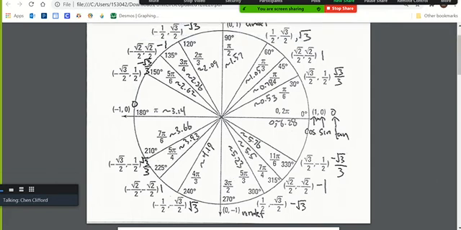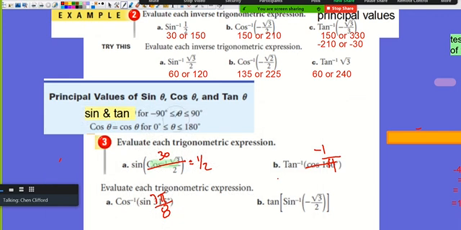So which one fits, 135 or 315? Which one fits in this criteria over here?